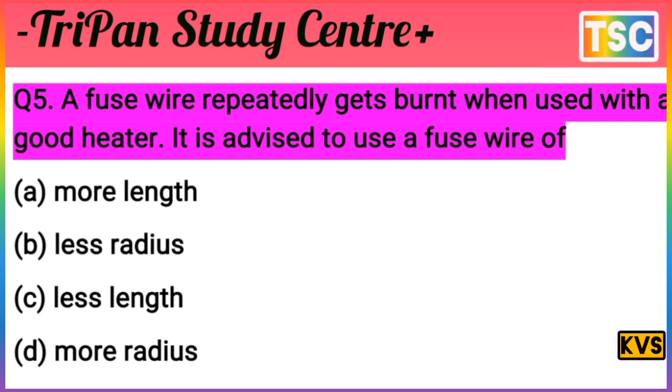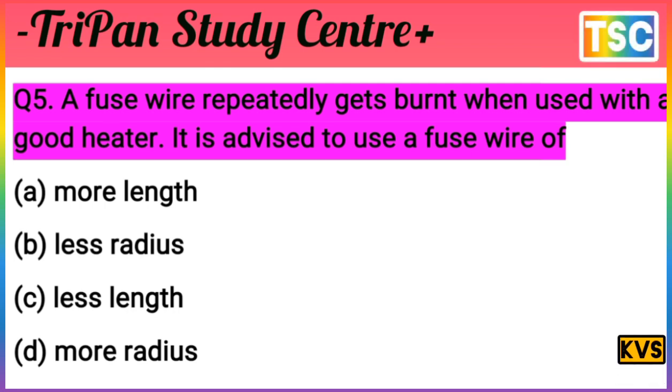A fuse wire repeatedly burns when used with a heater. It is advised to use a fuse wire of: not more length, not less radius, and C, less length is nothing here. But the important answer is D, more radius.